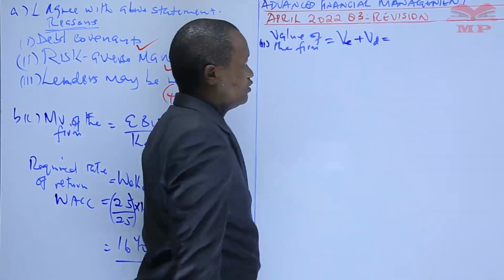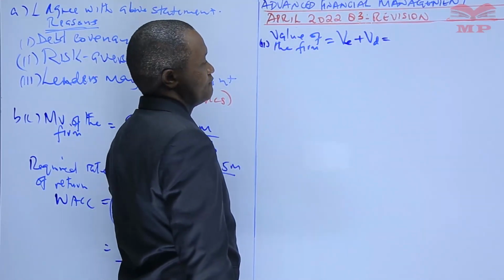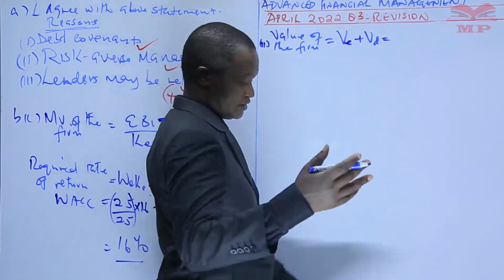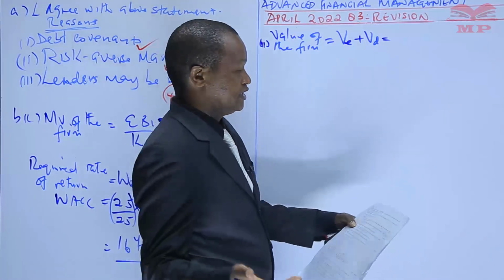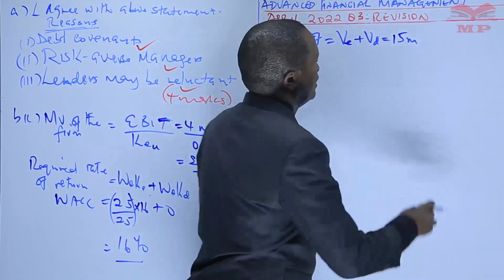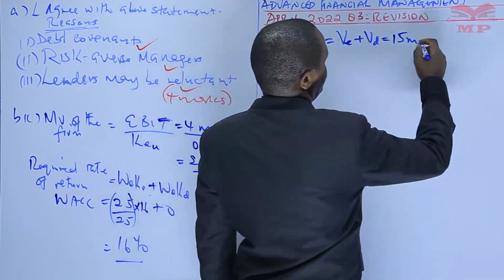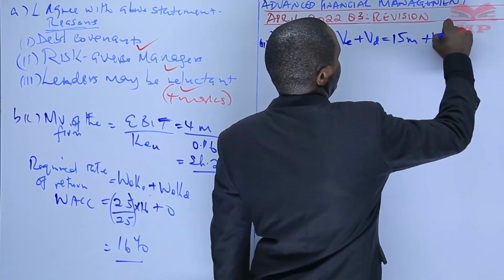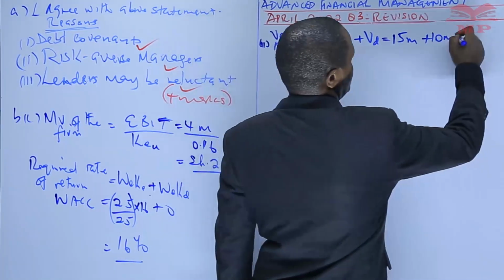Now, the value of equity after repurchase is 15 million, and the value of debt after repurchase is 10 million, which is equal to 25 million.